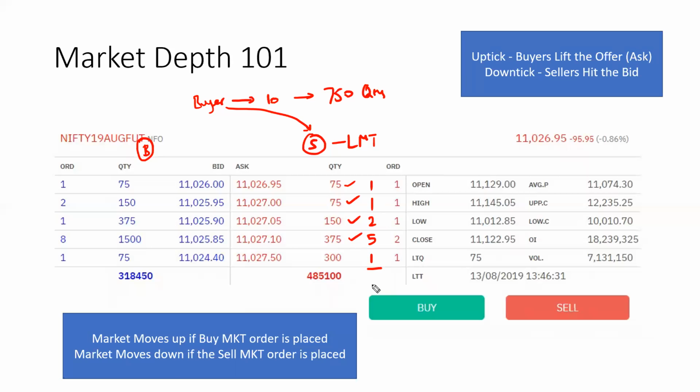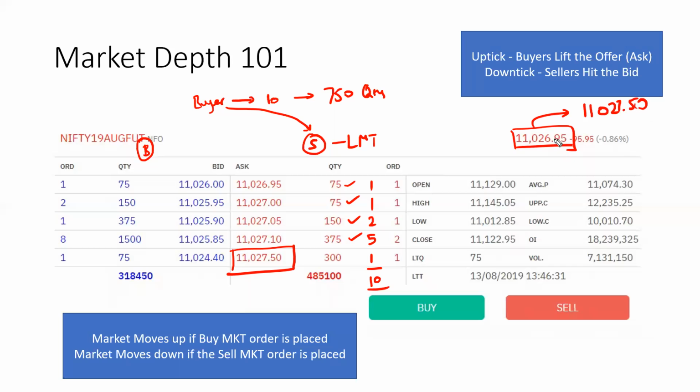Put together it will come to 10 lots. So I am the one who will be pushing the price from the current market price to this particular price. So I move the price to 11,027.50.